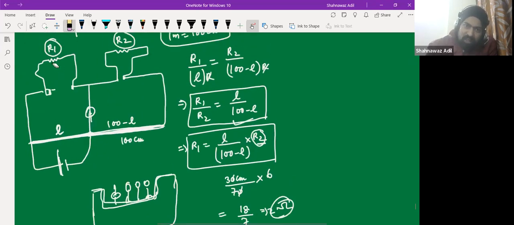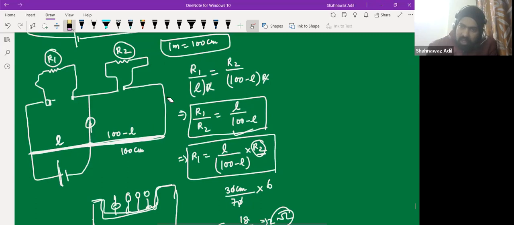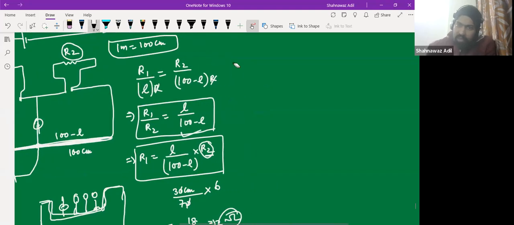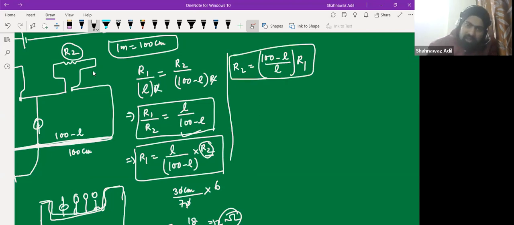If you put your unknown resistance in here, this would be the formula. You have to find R2, right? So R2 would be (100 minus L) divided by L into R. This would be if we are joining the unknown resistance in here.